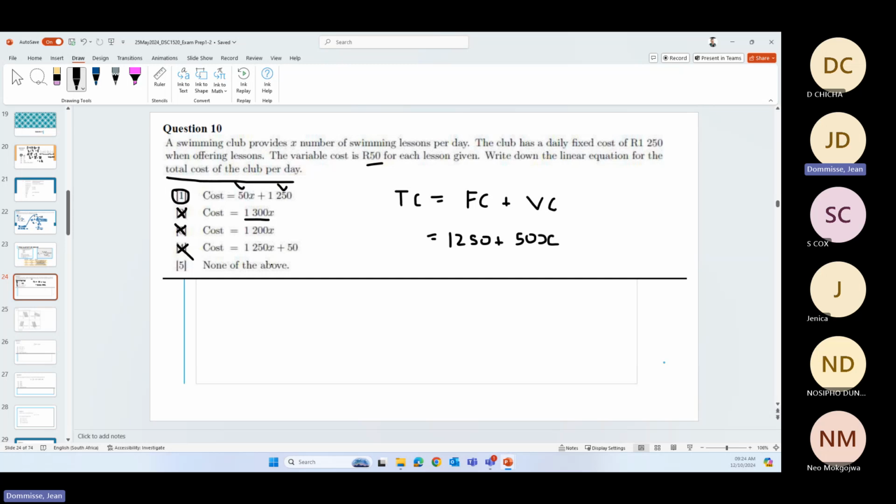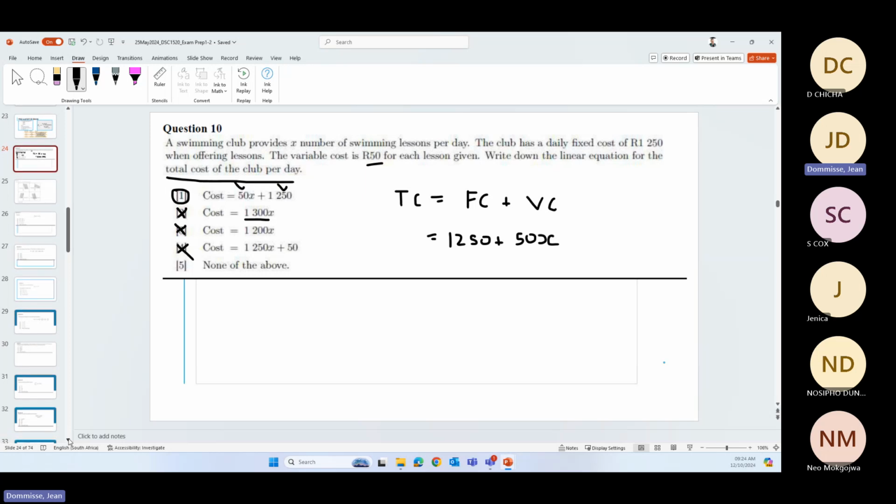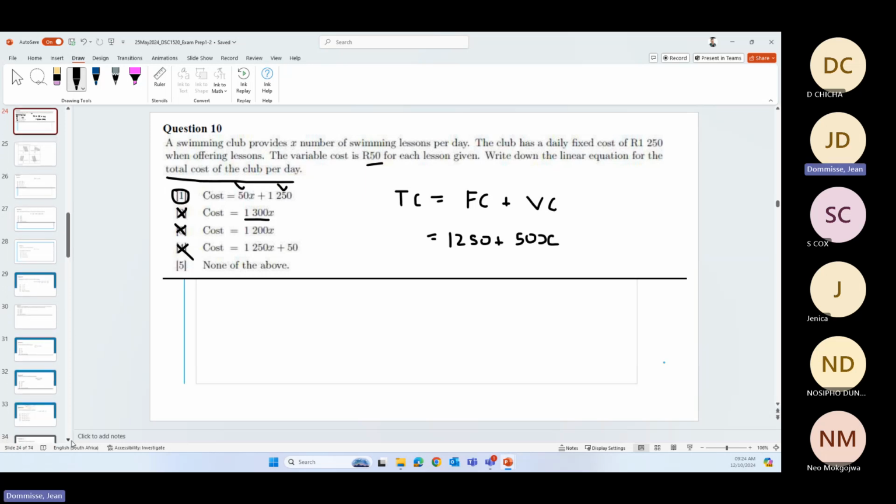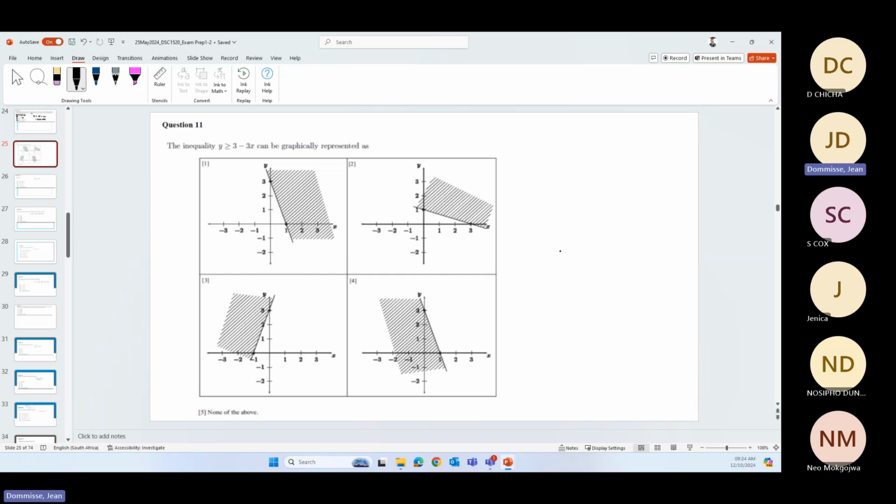Okay, so little bit of total cost, fixed cost, variable cost. We do get to others later on in the session as well. And then the ones that they love to ask is on linear programming.